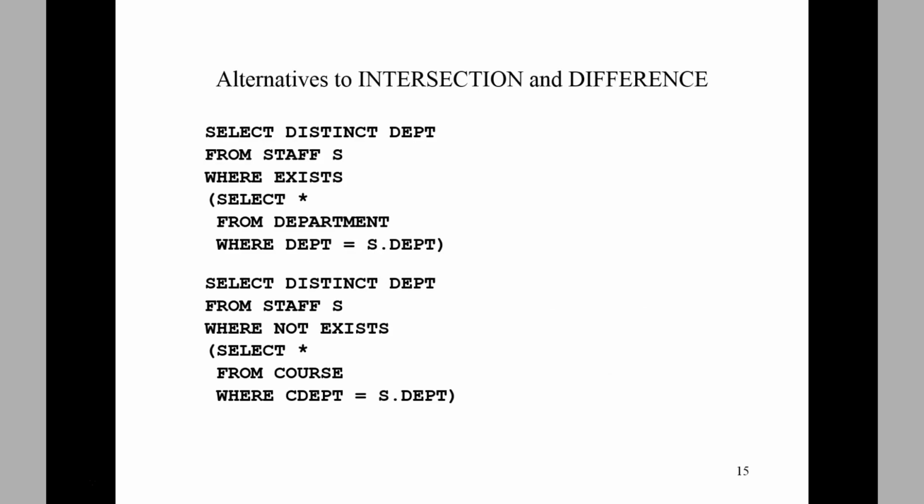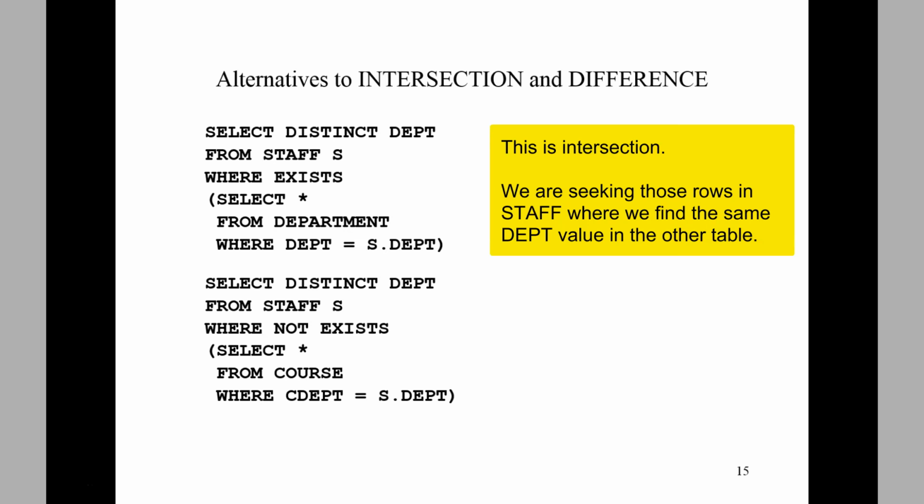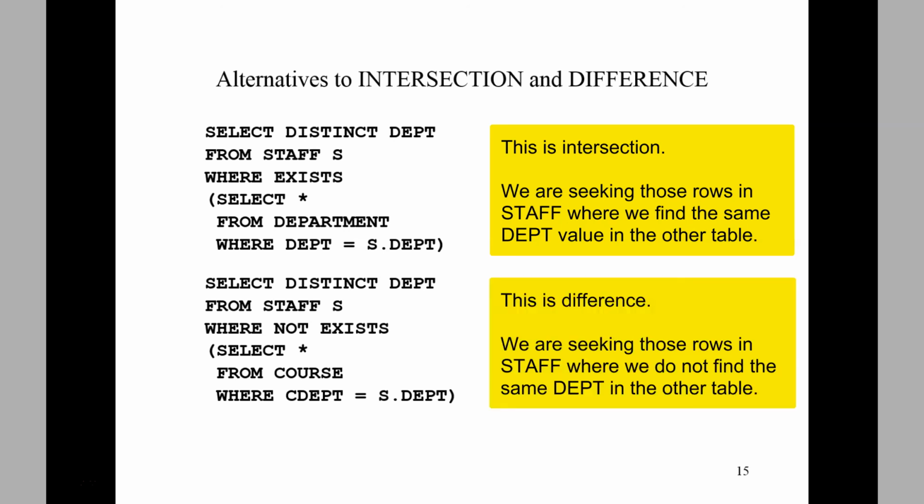Using correlated subqueries with the exist operator, we're able to produce alternatives to intersection and difference. The first example produces the intersection of the two tables, and the second example, using not exist, produces the difference of the two tables.